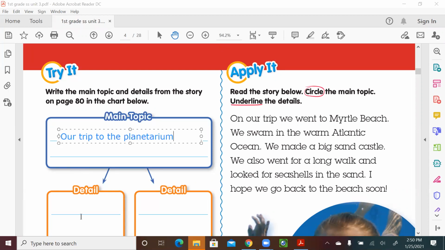Okay, then we see the details. We need two details, so we say what we saw. So we're going to say big models of planets here. Models.